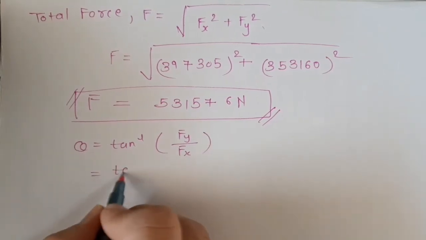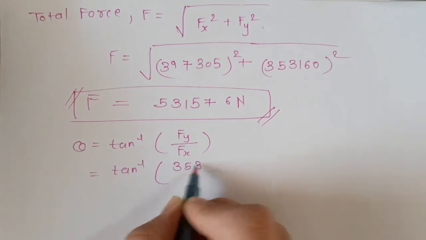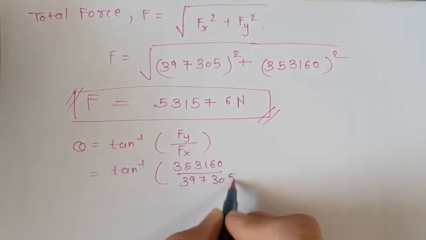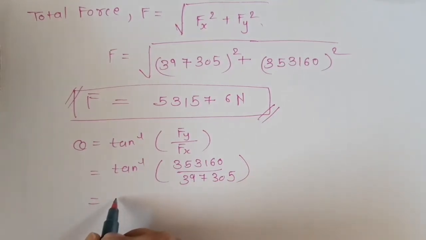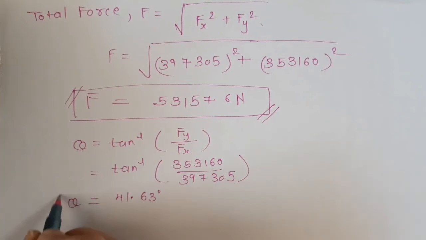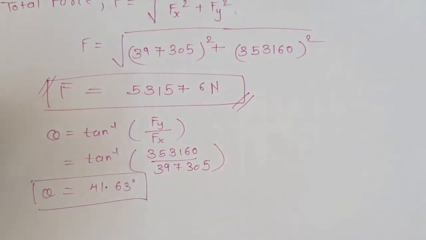So it is equal to tan inverse of Fy, which is 353160, divided by 397305. If you calculate this, you will get theta equals 41.63 degrees. So this is theta. Okay, if you want to draw the direction of F, it will look like this.